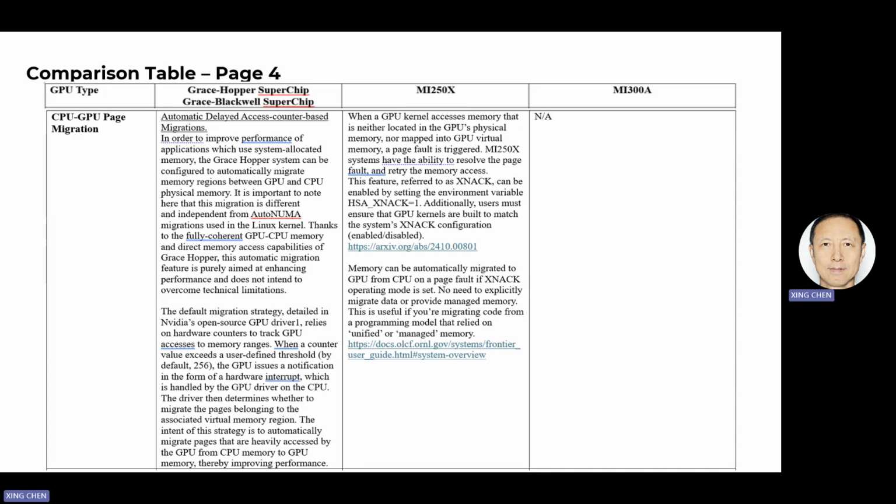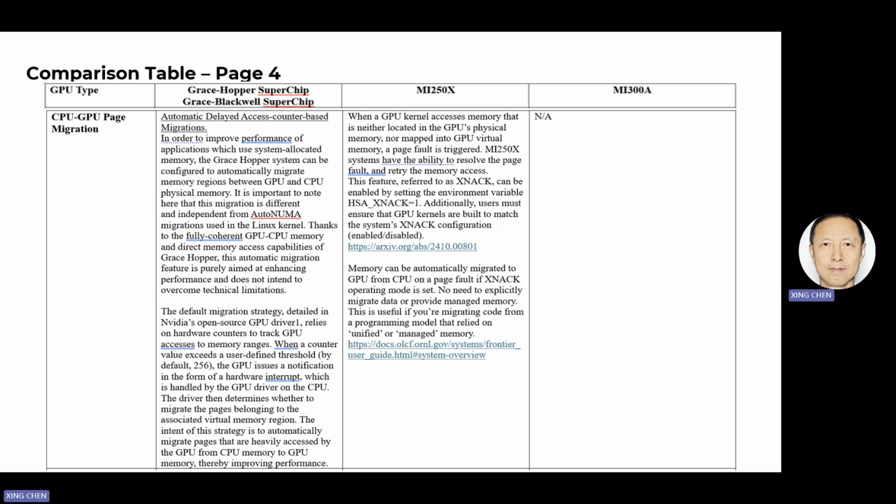From the programmer's point of view, I have a unified virtual memory, but underneath this unified virtual memory space, there are two kinds of memory. There is the LPDDR memory, and there is this HBM memory.